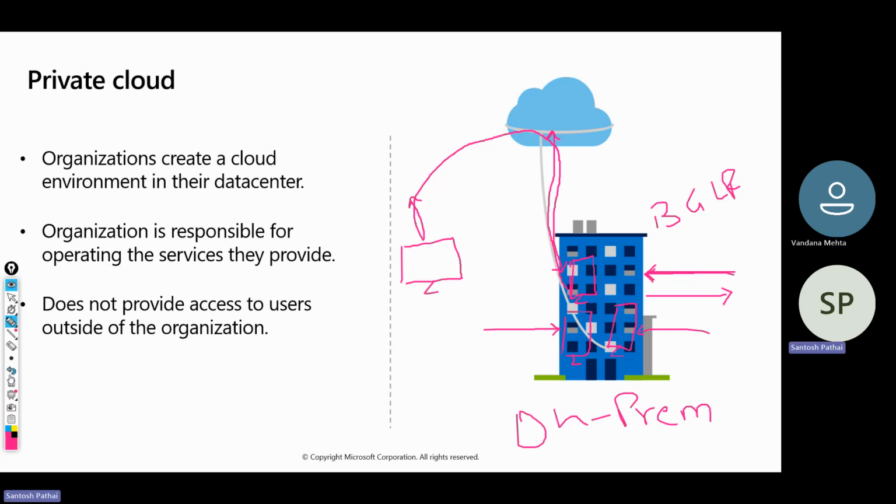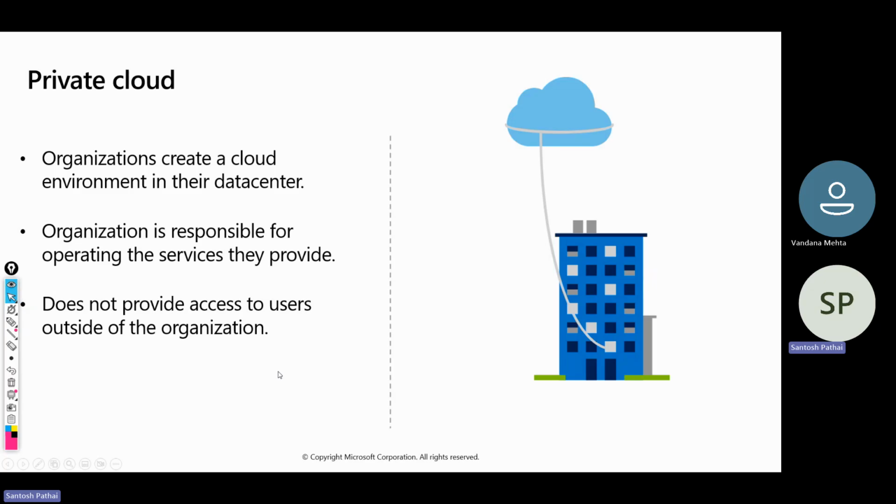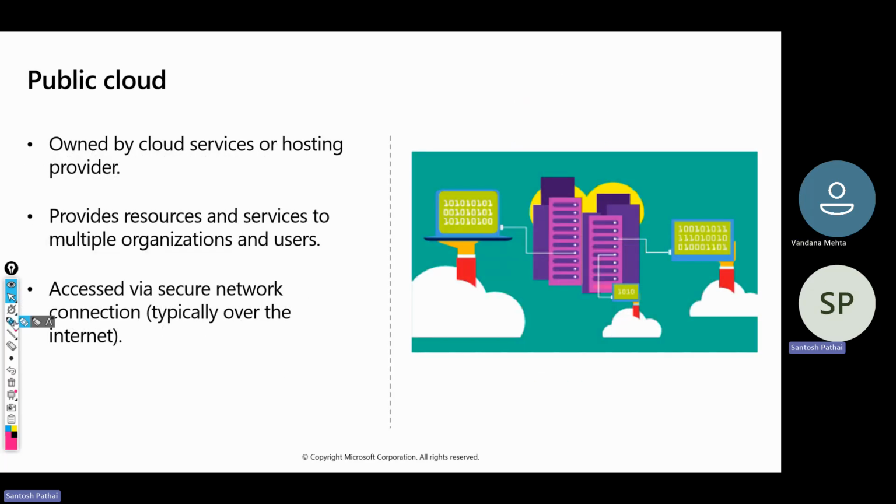Right. Now when we talk about the public cloud, what is public cloud? Public cloud is owned by the cloud service providers or hosting providers like Azure, AWS, or GCP. We have Google Cloud Platform, Amazon Web Services, and Microsoft Azure.